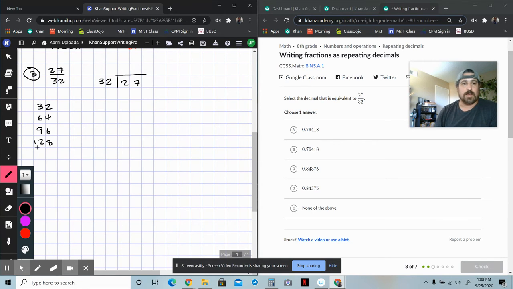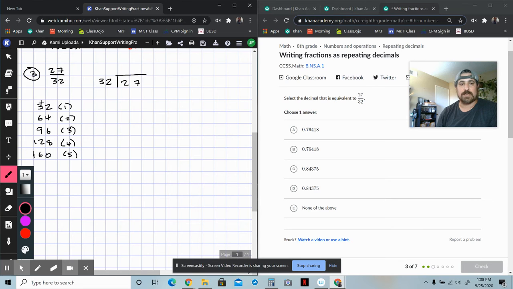And then you could add 32 again if you wanted to, and you get 160. So anyways, you can see this is 1, this is 2, this is 3, this is 4, and this is 5. And then from there, you can kind of double things if you need to get sizes.